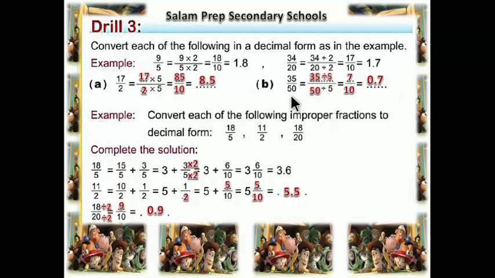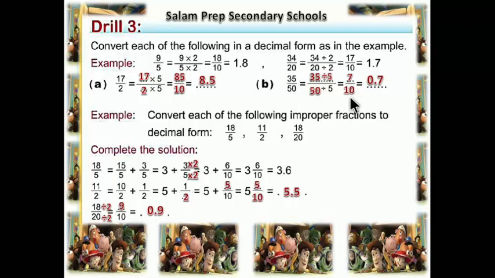Another example for you. 35 over 50. We need to convert the denominator 50 into 10. So 50 divided by 5 equals 10. 35 divided by 5 equals 7. So 35 over 50 equals 7 over 10.